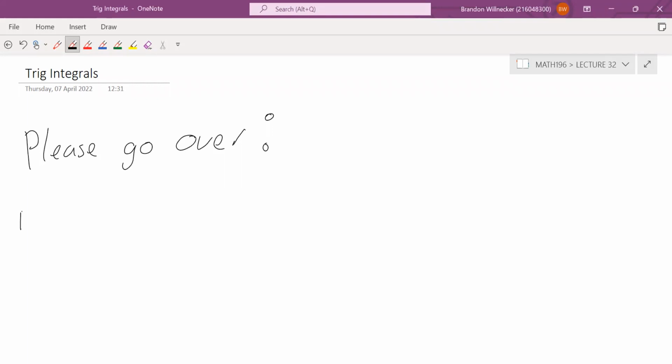So number one, your trig identities. So, your half angle formula, your double angle formula, sine squared plus cos squared is 1, the one with tan squared and sec squared and so on. So just your trig identities in general. Number two, your trig derivatives.